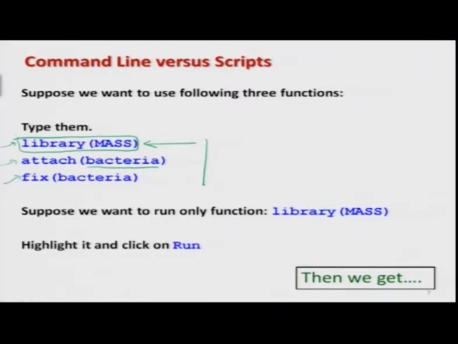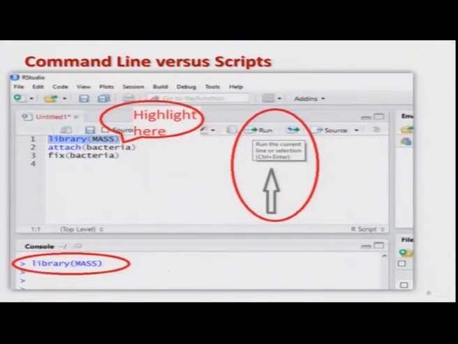So, I have to simply highlight it, just highlight it like this on your computer, and after that you simply have to say run, or in the R Script window you have to type Control plus R, right. Once you do it, you will get this type of thing in the RStudio, right.